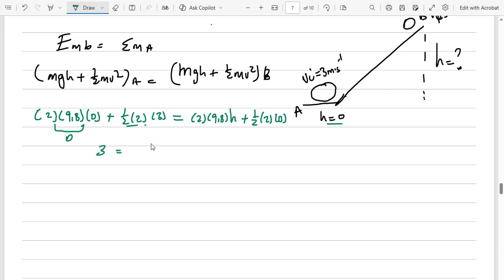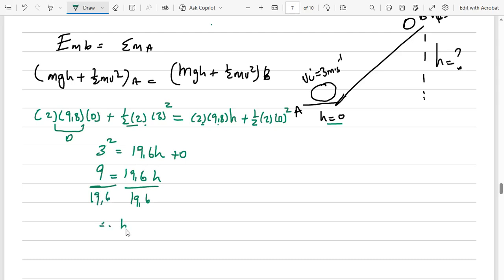Remember, this is V squared, so it will be 3 squared, and 3 squared is 9. And this time, that's 19.6 H plus 0. So 9 is equal to 19.6 H. Divide both sides by 19.6.